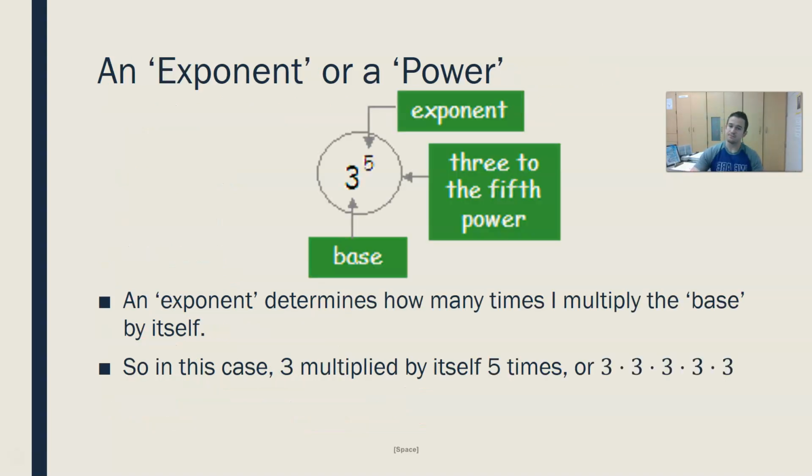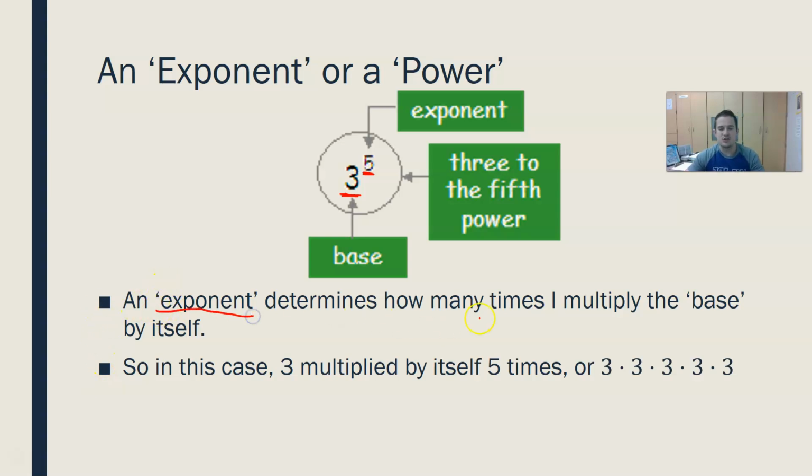Just as a review, an exponent, or a power, if I wrote something like 3 with this little 5 up here, I'd read that as 3 to the 5th power, where 3 is the base and 5 is the exponent. You've seen stuff written this way. This isn't terribly new information.